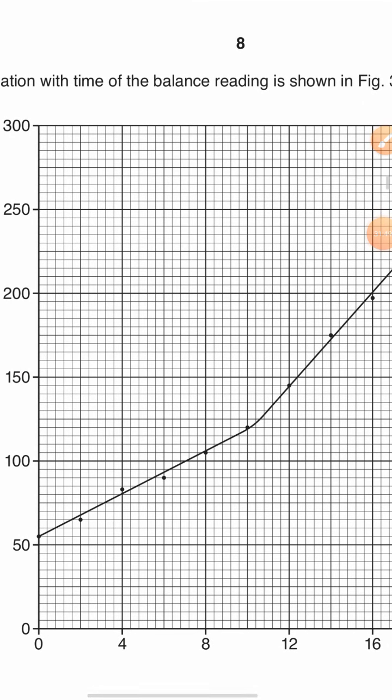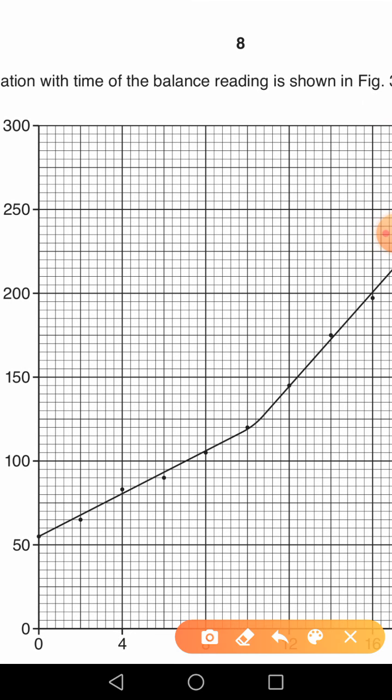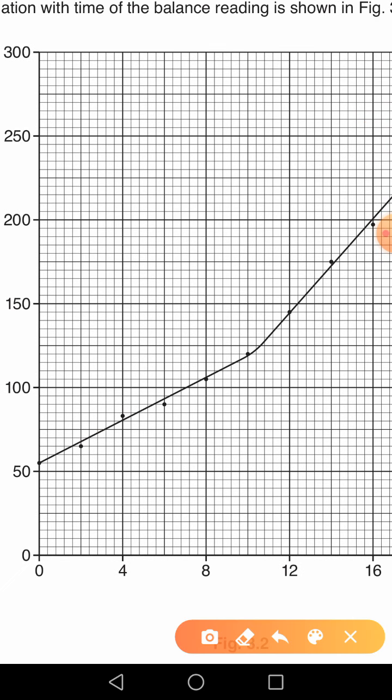Let me zoom it. Each and every square is 0.4 units.